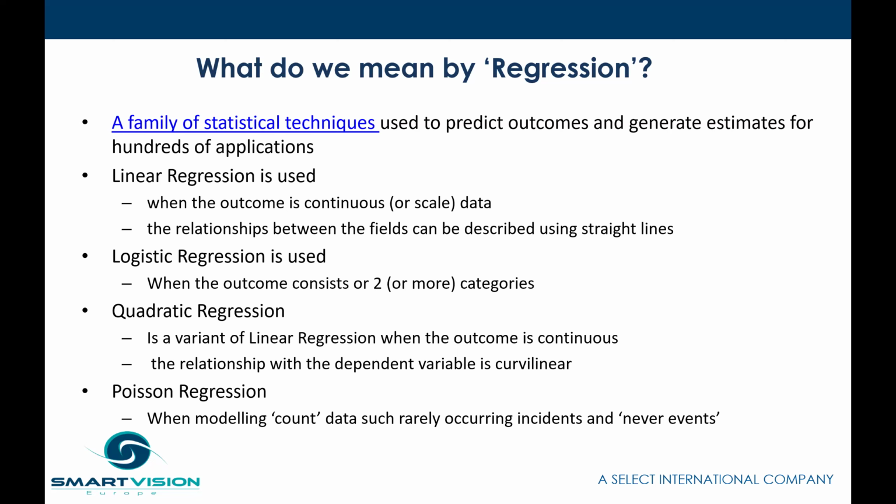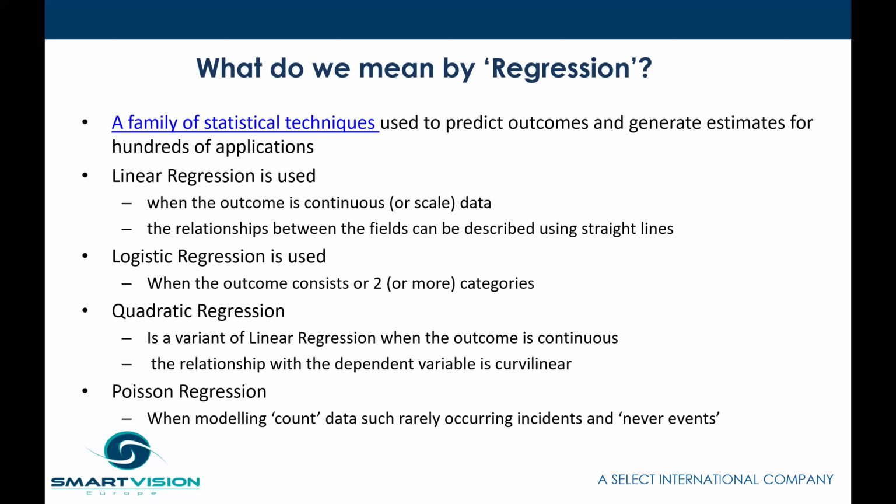Logistic regression is used when the outcome is a category field or series of categories. Could be binary, two categories, or could be multiple categories, in which case you would use something called multinomial logistic regression. And then there are other flavors of regression which deal with non-linear relationships, such as quadratic regression. And finally, there is a type of regression, Poisson regression, which is used to model count data.